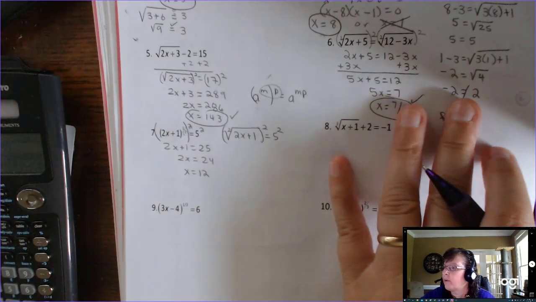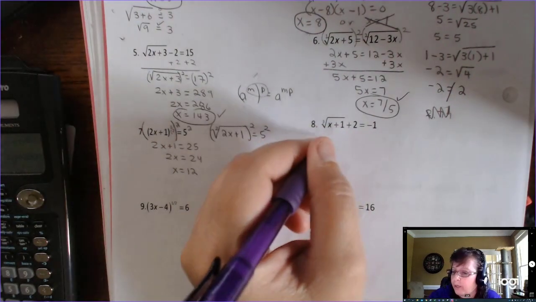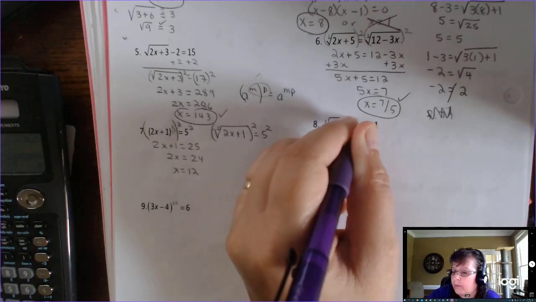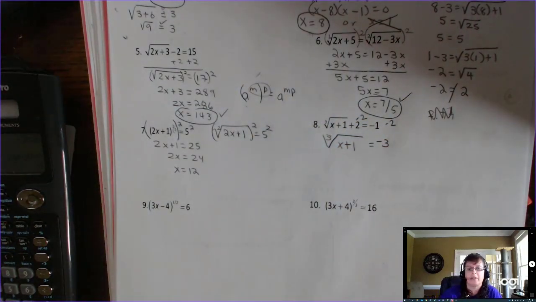Alright, now number 8, you have to isolate the radical again first. So we're going to subtract 2 and you get the cube root of x plus 1 equals, if we subtract 2, we get negative 3. Now, this is the first time we've had an odd index.